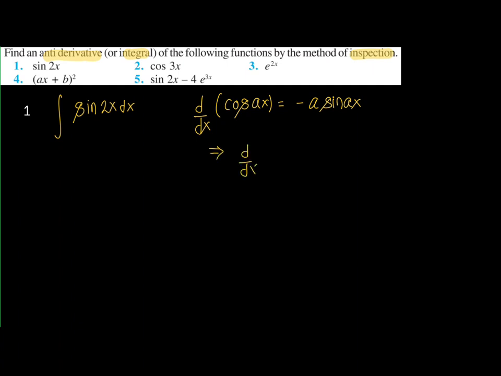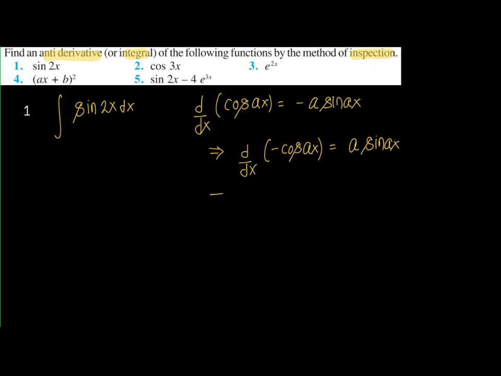Now we have to find the antiderivative or integral of the following function by the method of inspection. We know that d by dx of cos ax is minus a times sin ax.